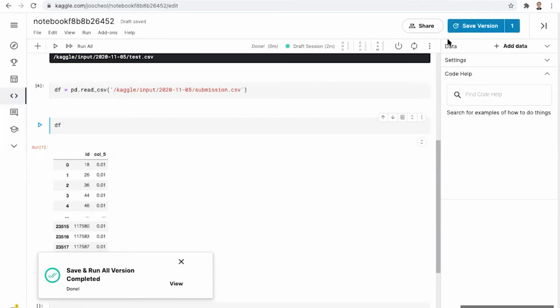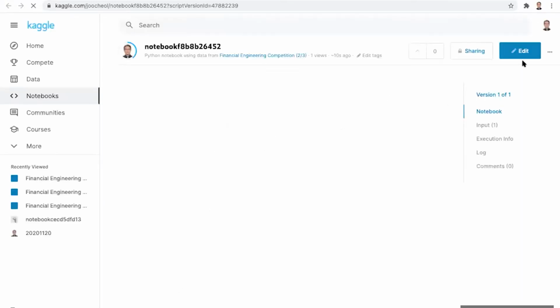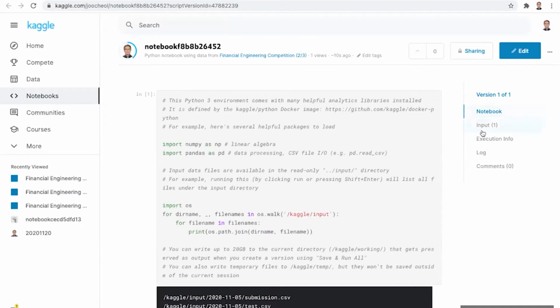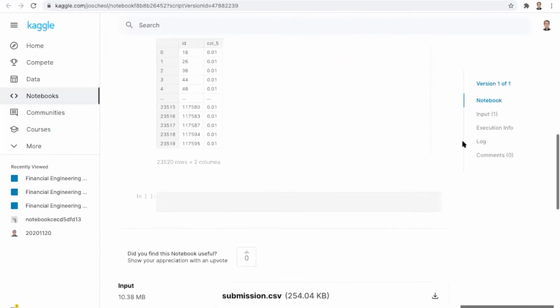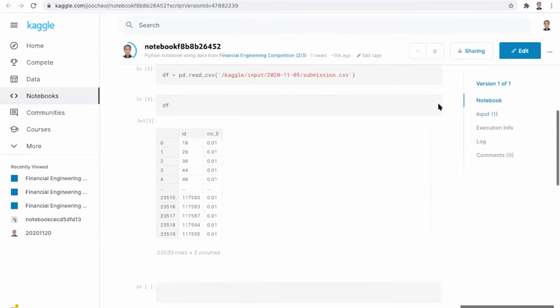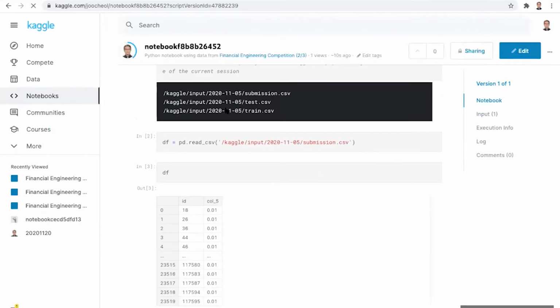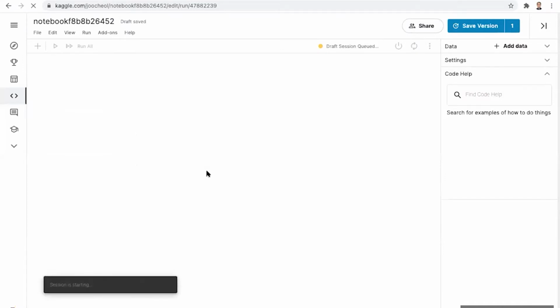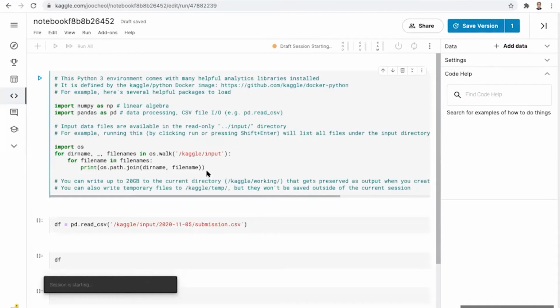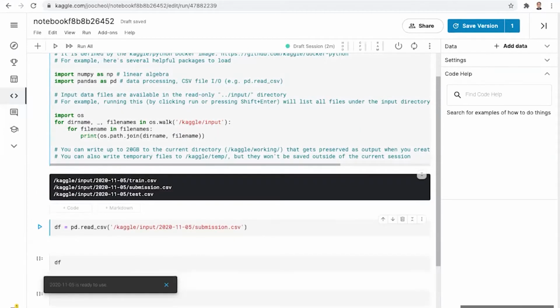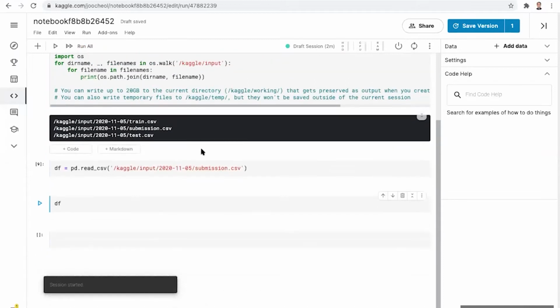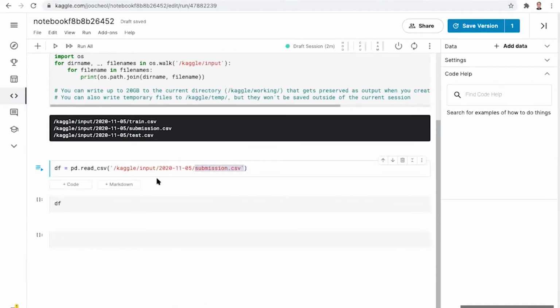Once it is saved, I can view my notebook. Oh, actually, I did not save it to here. So, okay, I'm going to edit. Note that this is the submission.csv.